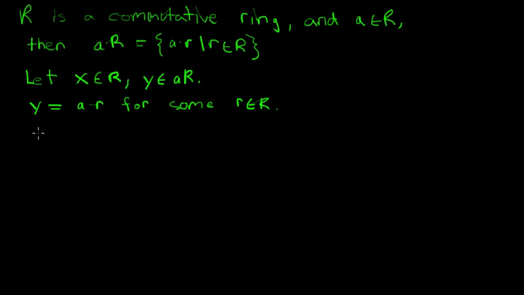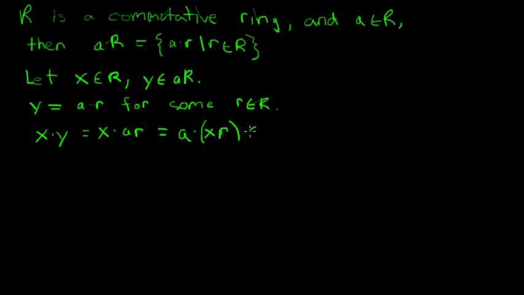Alright, so then if we multiply these together, x times y, well, we can make this substitution. We get x times ar, and then since this is commutative, we can write this as a times xr. And if we put parentheses around that, we see that xr is an element of our big ring R. So we have a times something in R, which is the exact requirement for being in this set here.